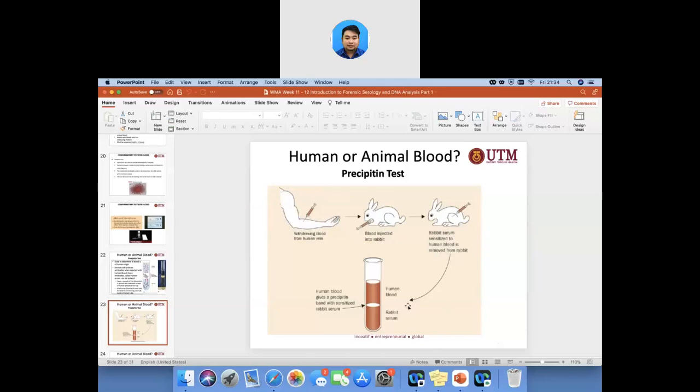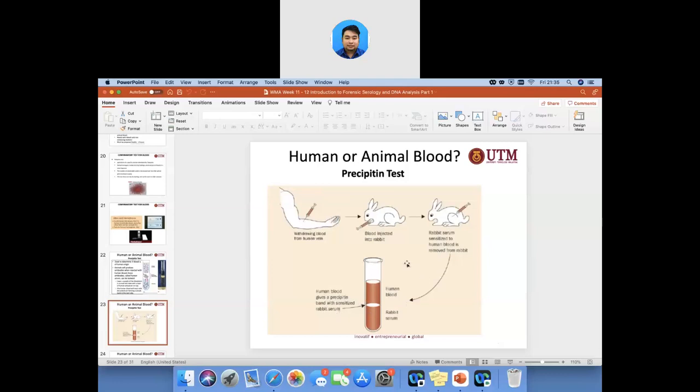So how does it go? You place human blood into this test tube, and you put in the human serum that the rabbit has synthesized. It will create a precipitate. So human blood gives a precipitin band with the synthesized rabbit serum.